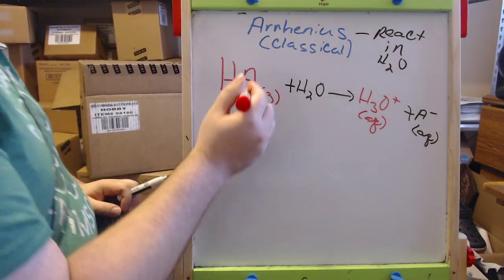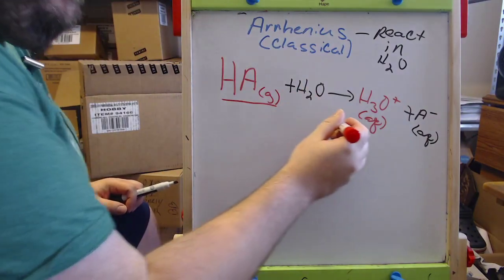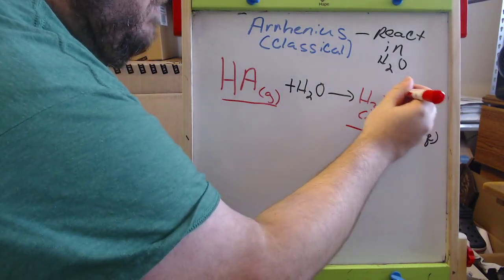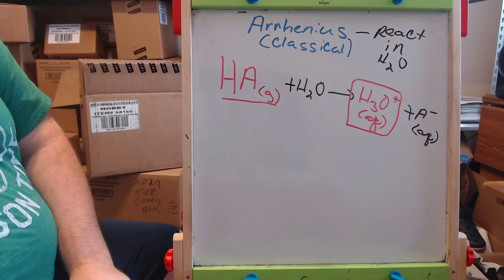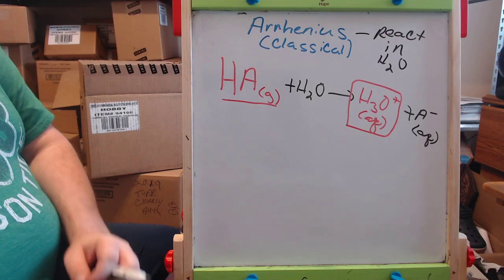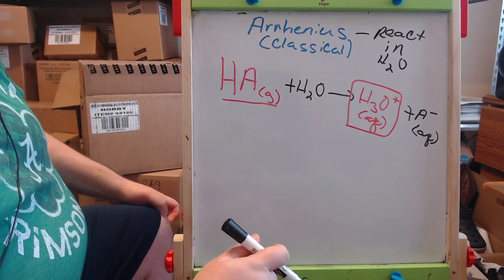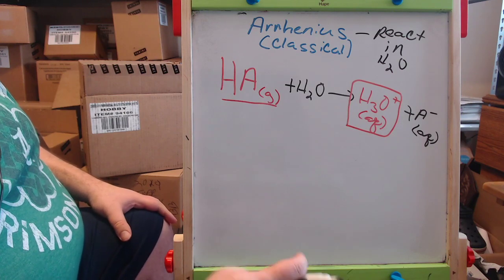So the classical definition of an acid is that when it's placed into water, it creates hydronium. Hydronium is H3O+, so it's a water molecule with an extra hydrogen.